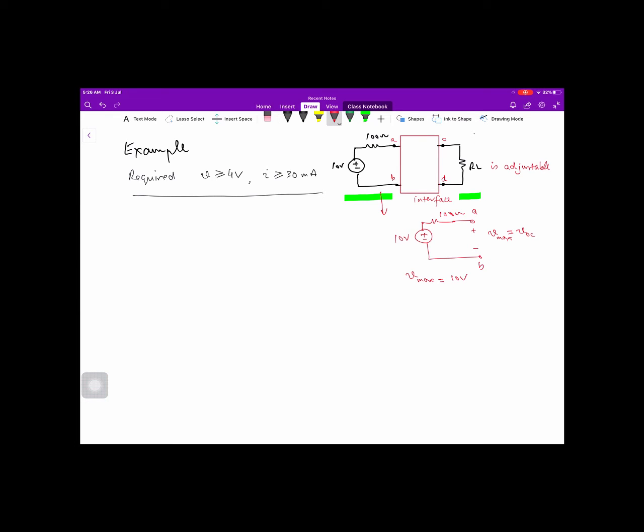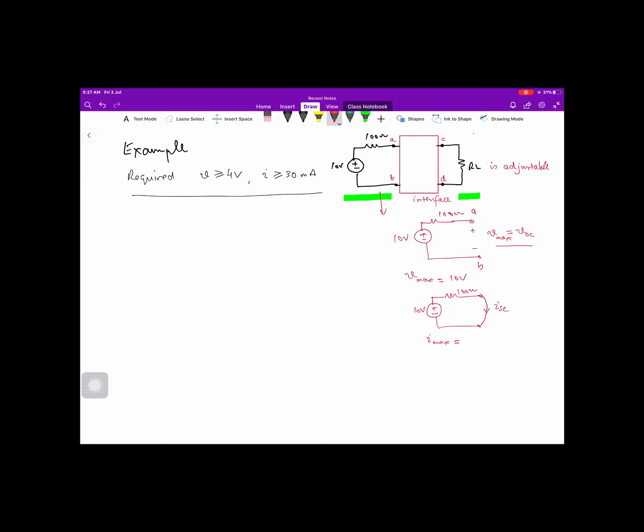And then we see what the maximum current is. Before, we showed the maximum voltage the source circuit can provide. Now we see the maximum current the source circuit can provide. For maximum current, we see I short circuit, and I short circuit is the maximum current.